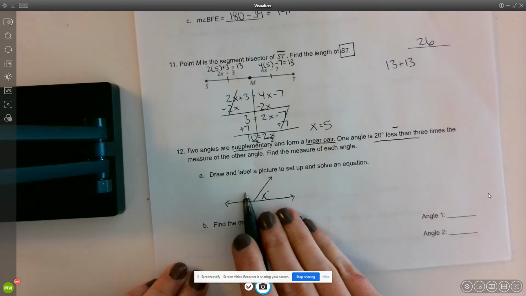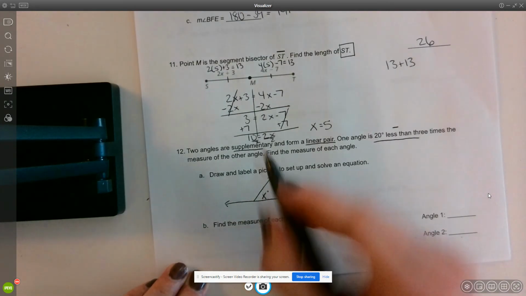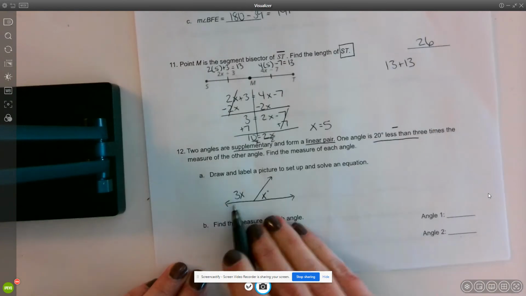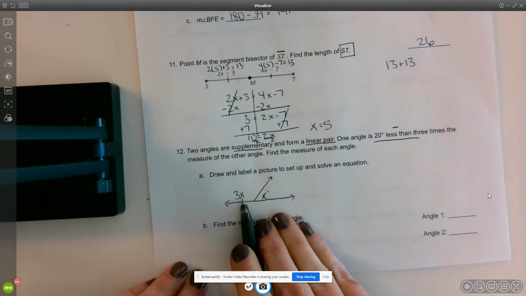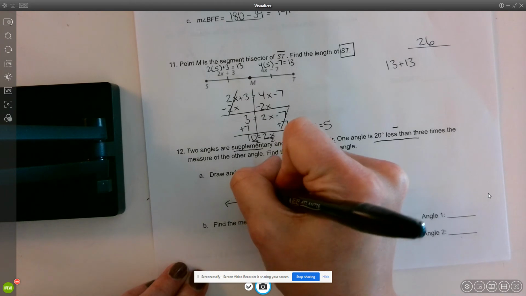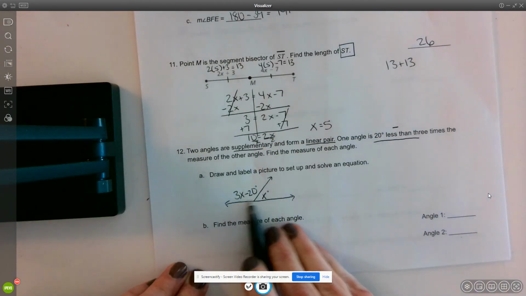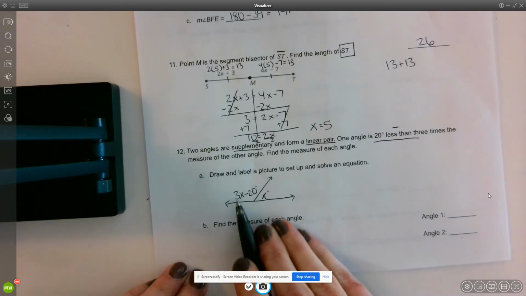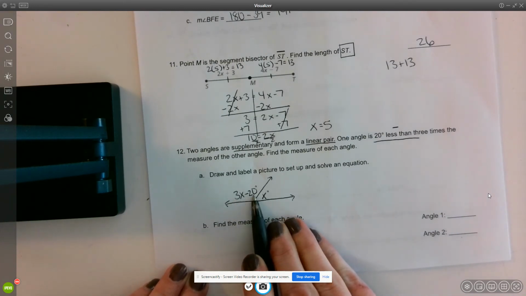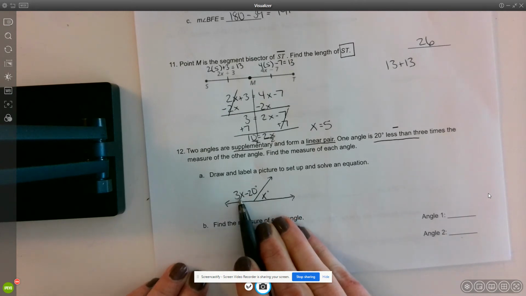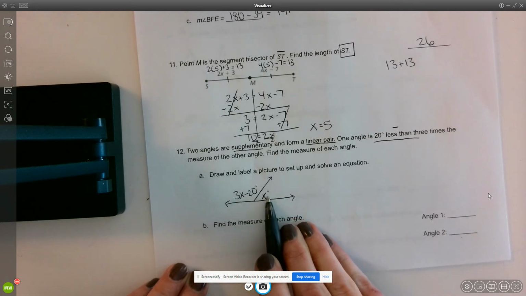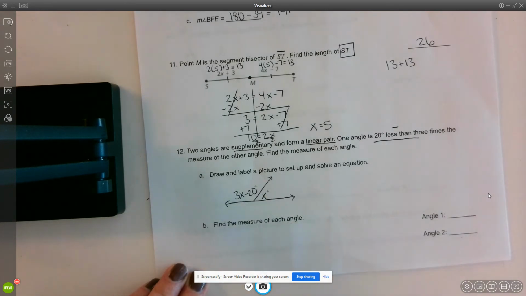So I need 3 times x, and I need 20 less than that. So my other unknown angle, I get 3x minus 20.